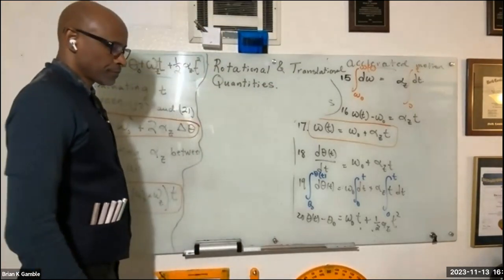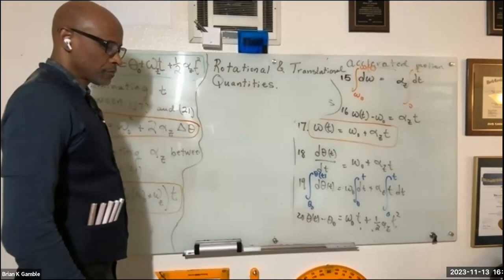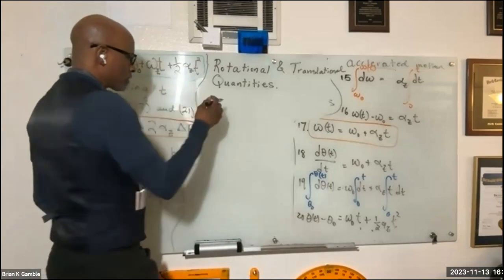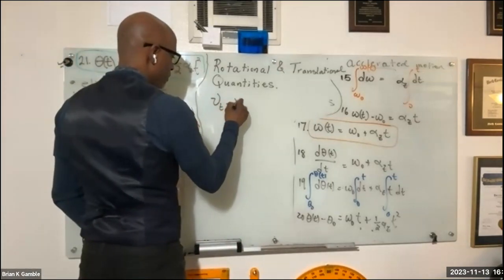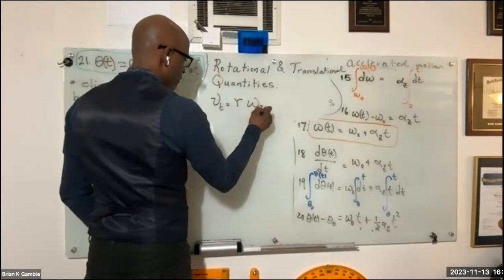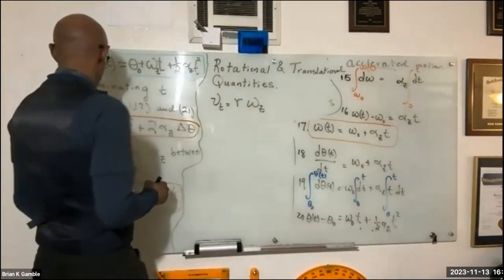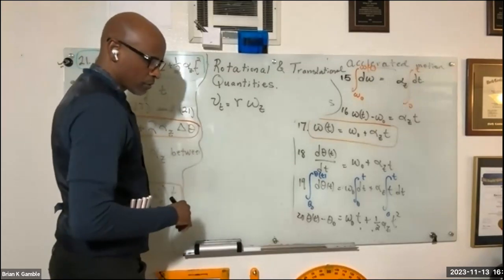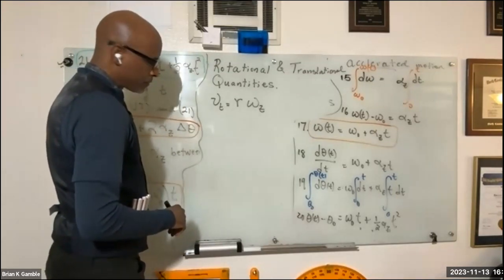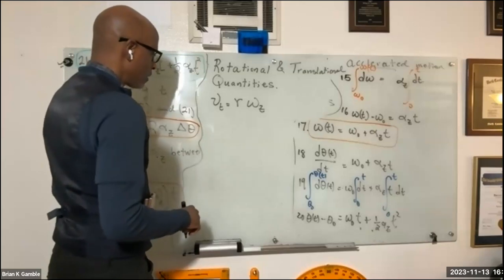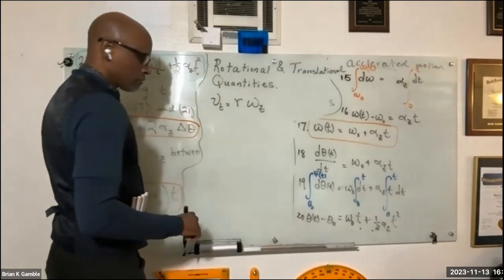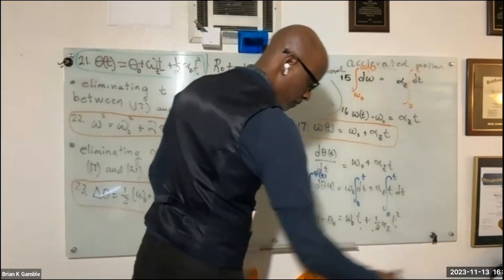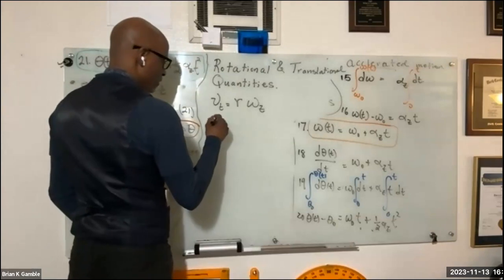We already showed that the translational speed is equal to r times the rotational speed, the angular speed, angular velocity, well, speed, because we're not writing the vector form of the equation. And if we take the derivative again, we get a similar relationship between linear acceleration and angular acceleration. Just taking the derivative, we get that.